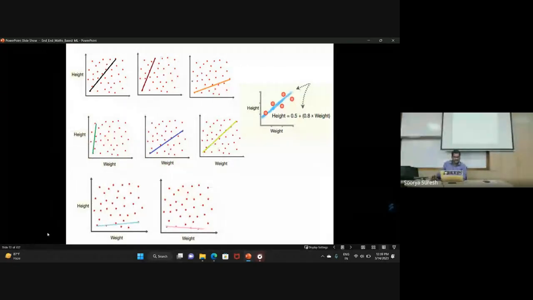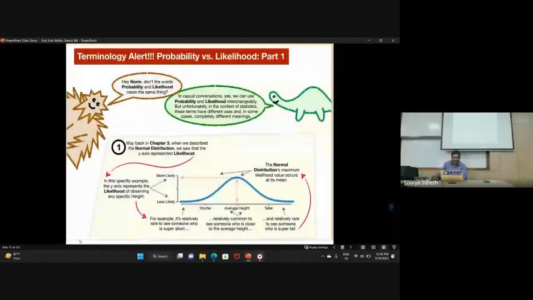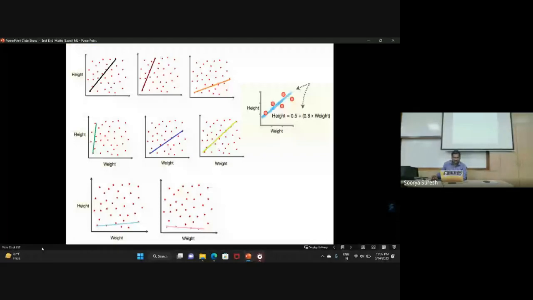Assume that these 5 are the points here. Assume that we have only 5 points. I can draw a line like this, or I can draw a line like this. So I have multiple options. So how to choose the best curve?